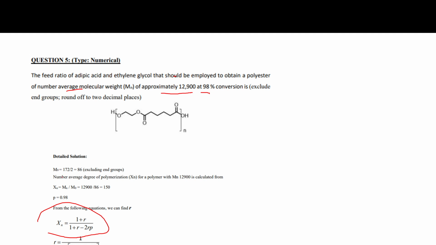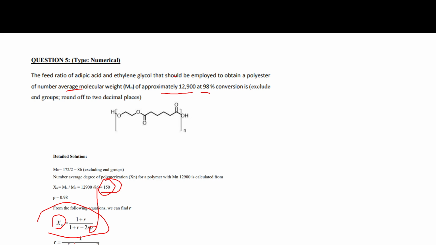From the repeating unit molecular weight, where the average functionality is 2, we can calculate the m0 value. We can also calculate the degree of polymerization. So you know the degree of polymerization, and you also know the percentage of conversion. Then we put these here, and we can calculate the reactivity ratio.